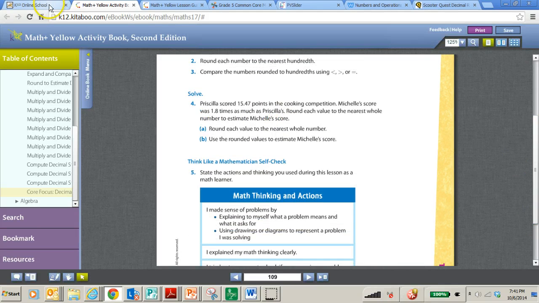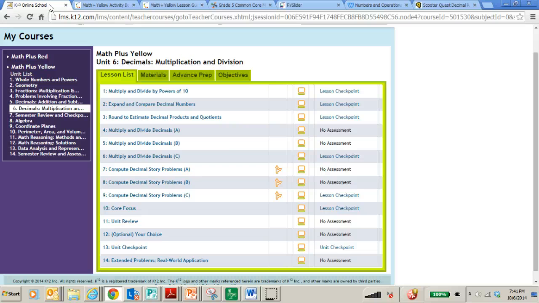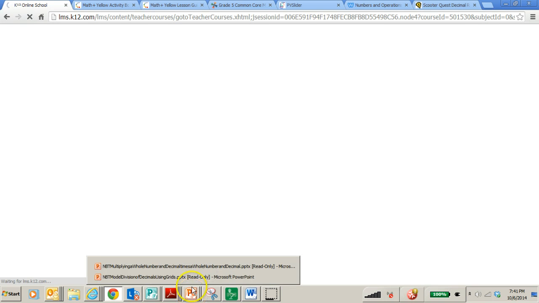I'm going to head back to the OLS because when you get to the unit checkpoint, different questions will be generated throughout the checkpoint, but definitely use your judgment as you work through the problems so that you can guide your student onto what types of questions are appropriate. Since this is taking a while to download, I'm going to go ahead and open up a PowerPoint and show you some strategies on how to multiply decimals.